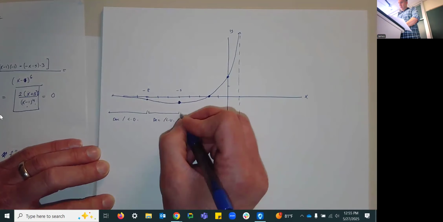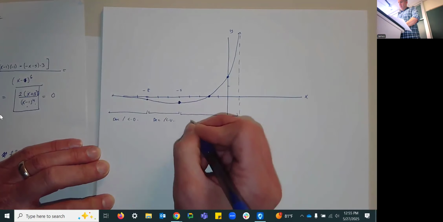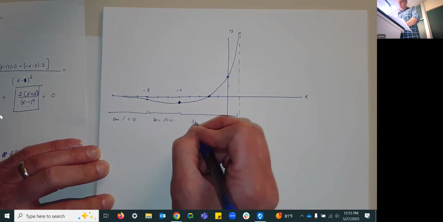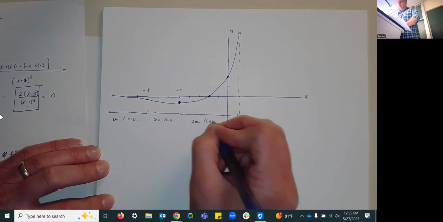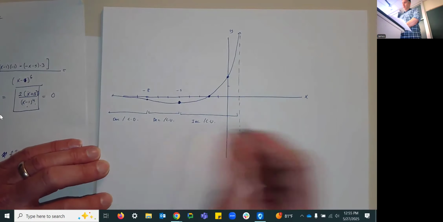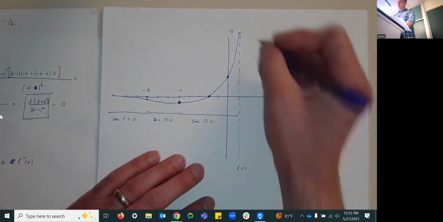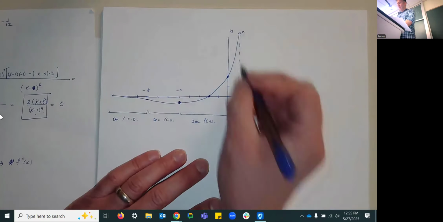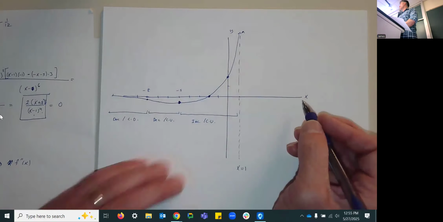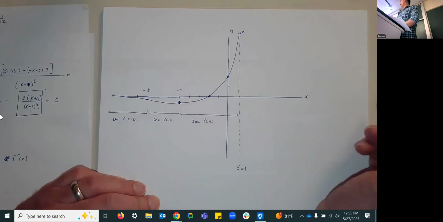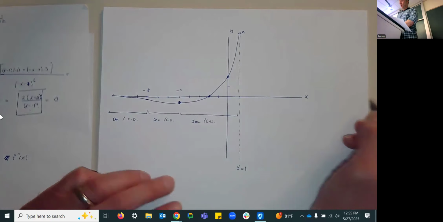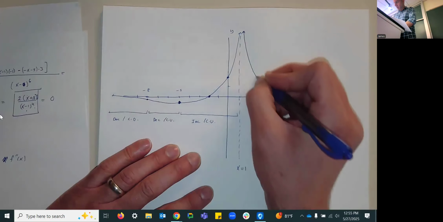And then from here to here, now we are increasing and concave up. And then after this, we're going to be decreasing and still concave up. So we're going to look like this. We don't really have any guide points to go through here, but we do know that we have a horizontal asymptote as we move out to the right of the x-axis. So we're just going to go like this.